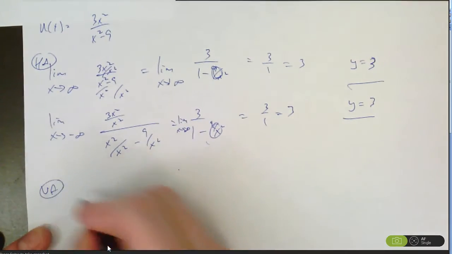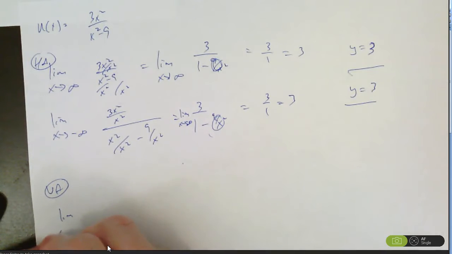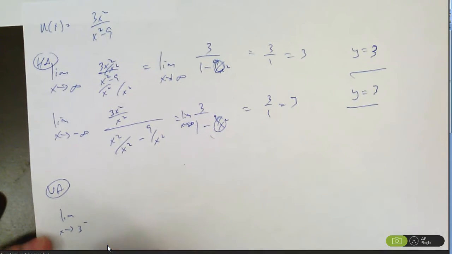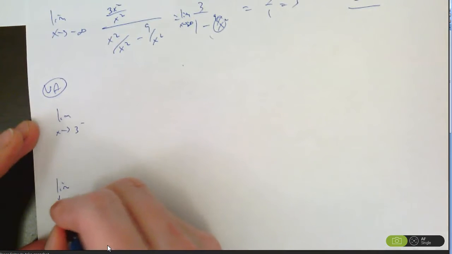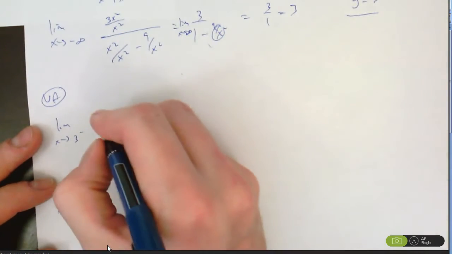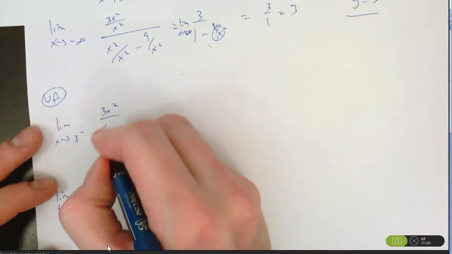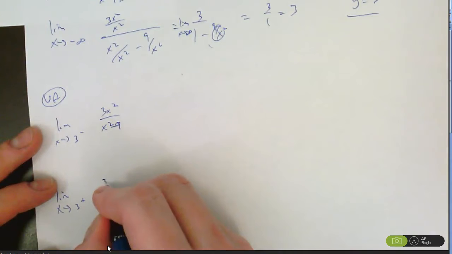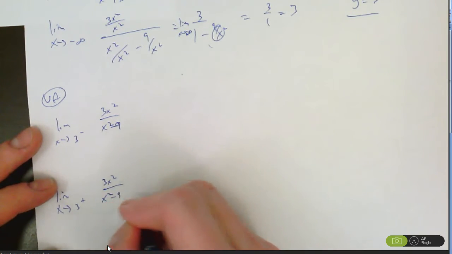Here's the vertical. Okay. Limit as x approaches 3 from the left, limit as x approaches 3 from the right of 3x squared over x squared minus 9.